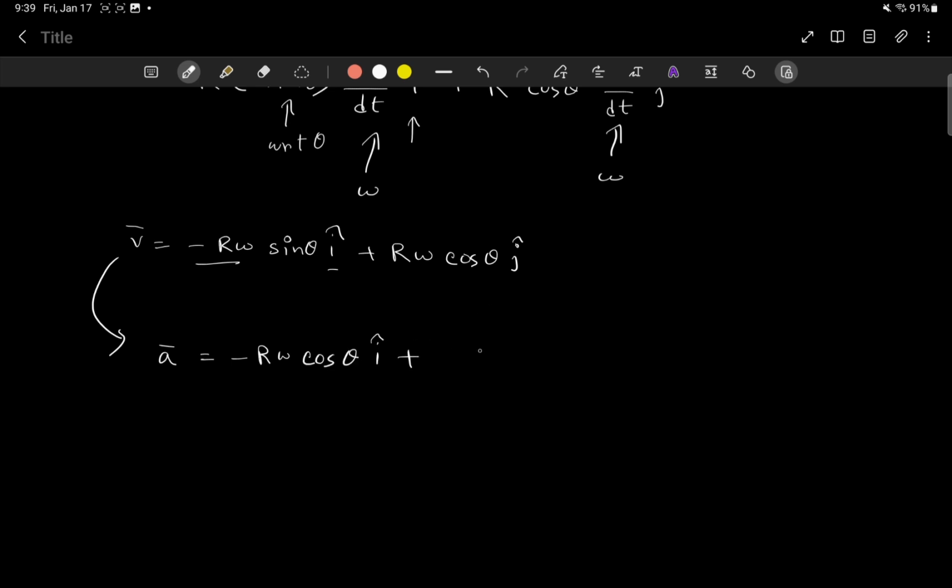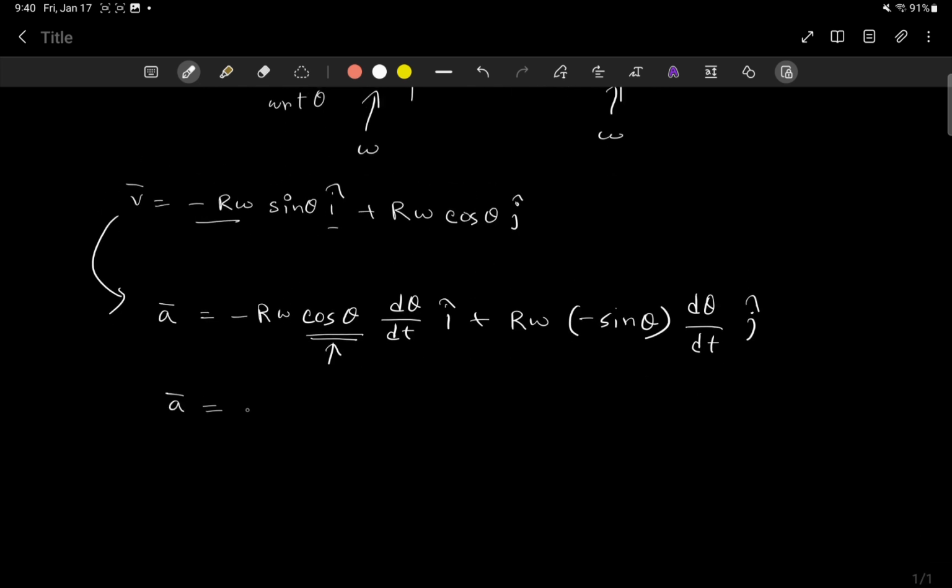My bad, I missed one thing: I have to differentiate theta with respect to t, because we are using the chain rule. And r omega cos theta will be differentiated to minus sin theta, and according to the chain rule, d theta dt, j cap. So a will be equal to minus r omega squared.